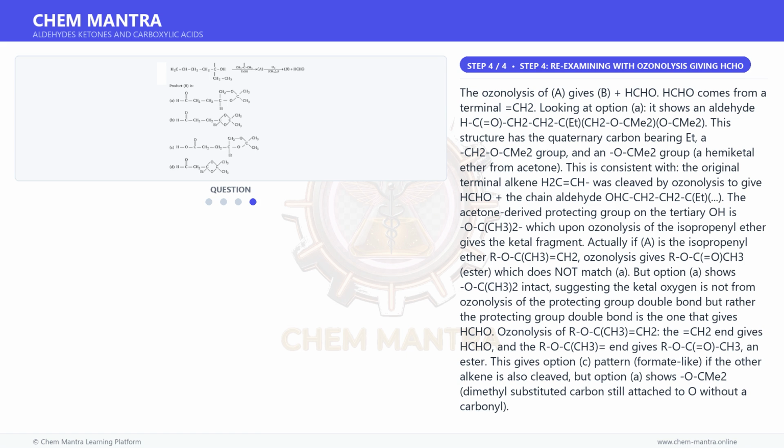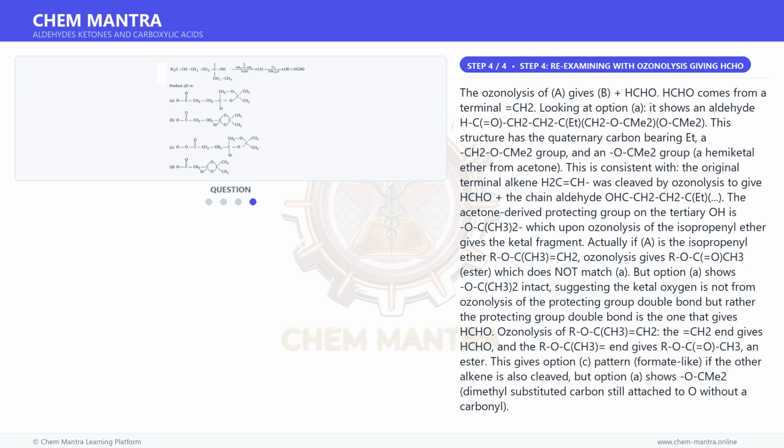Then ozonolysis of both double bonds: the terminal alkene H2C=CH gives HCHO plus OHC, and the isopropenyl ether OC(CH3)=CH2 gives OC=O, CH3 plus HCHO.